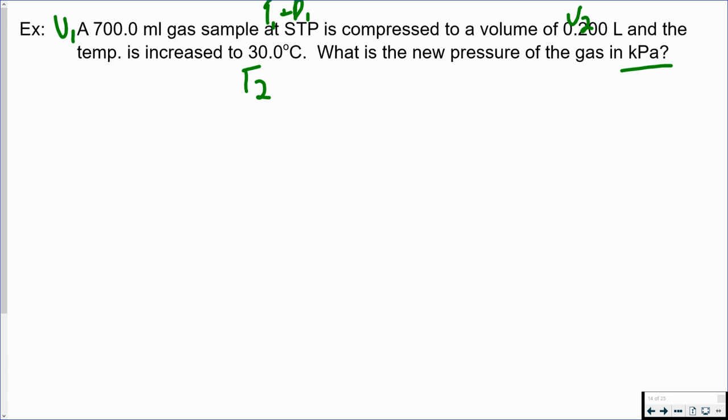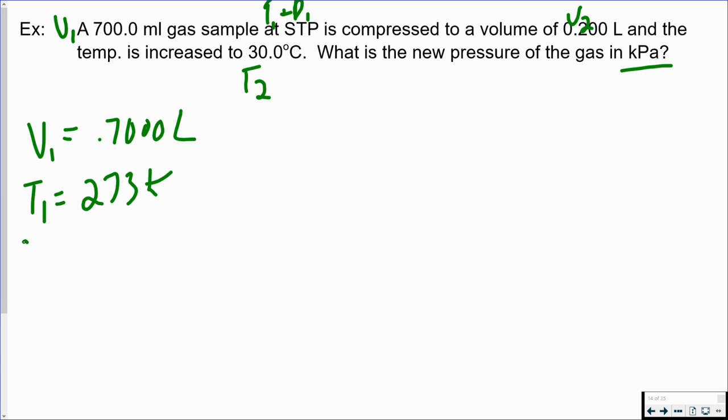Now it gives you the fact that it's in kilopascals in your final answer, so we can do that. In order to convert milliliters to liters, you move the decimal 3 places to the front, giving you 0.7000 liters. T1 is then going to be 273 Kelvin, and P1, since we want it in kilopascals, is 101.325 kilopascals.